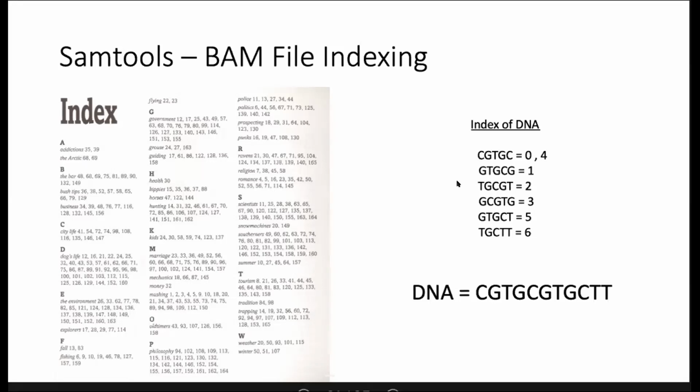When creating an index, you start with a string of nucleotides, which are used as a reference to make the 5-mer index. You start with the first 5 nucleotides and give it the position 0, also known as offset 0. We then move 1 nucleotide across.